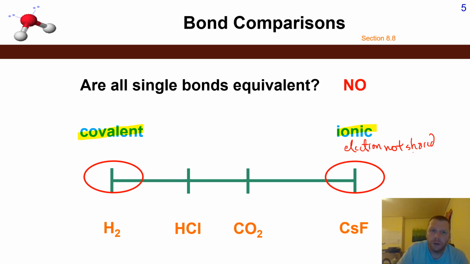In a covalent bond, a perfect covalent bond, as is indicated with something like H2, we've got 100% sharing. So you could almost look at it as a spectrum of, how much are those electrons being shared? We've got a covalent bond where it's 100%. On the opposite end of that spectrum is an ionic bond, in which case it's 0% shared.